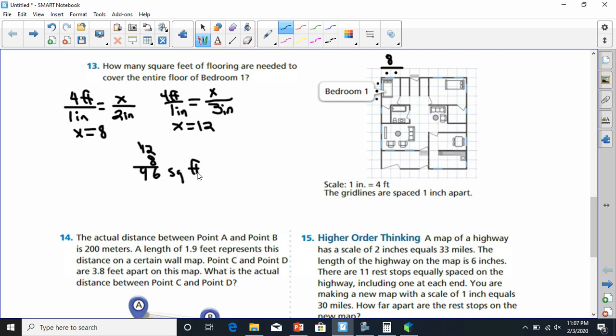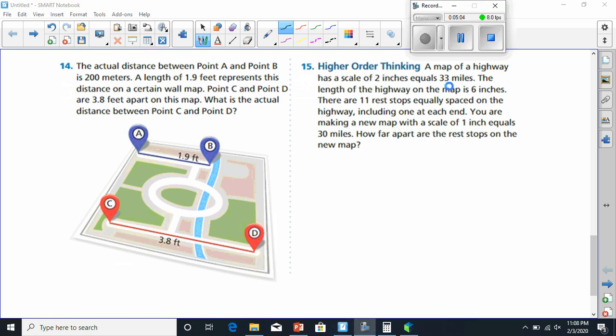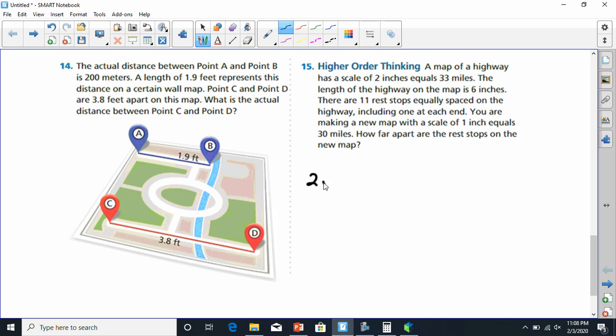Okay. I'm off and running to number 15 now to finish off. It says a map of a highway has a scale of 2 inches equal 33 miles. Let's get that written down first. 2 inches equal 33 miles. And it says the length of the highway on the map is 6 inches. So we're going with 6 inches here.